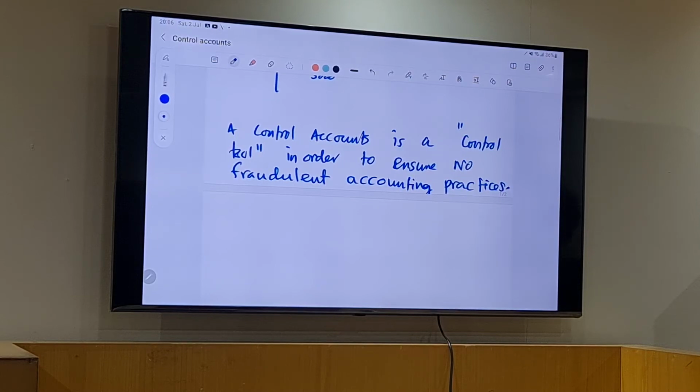No fraudulent accounting practices. This is what they call the requirement for, or the description, or the justification for control accounts.